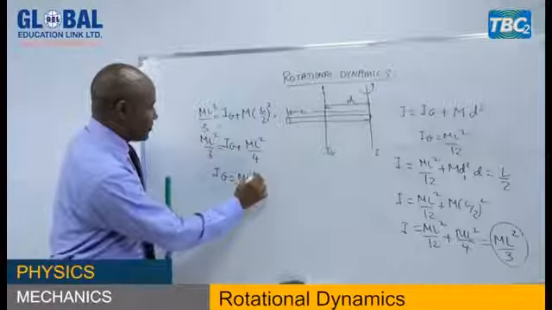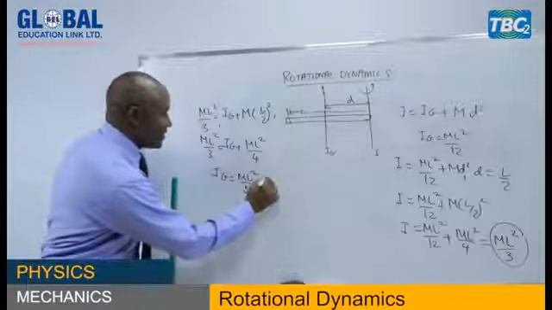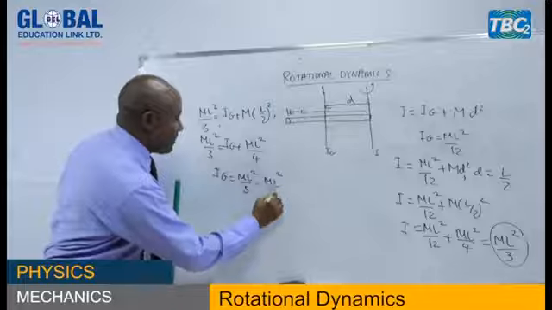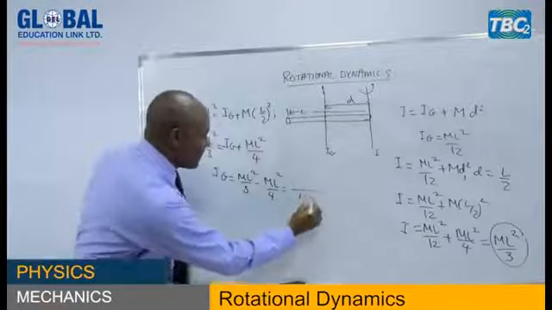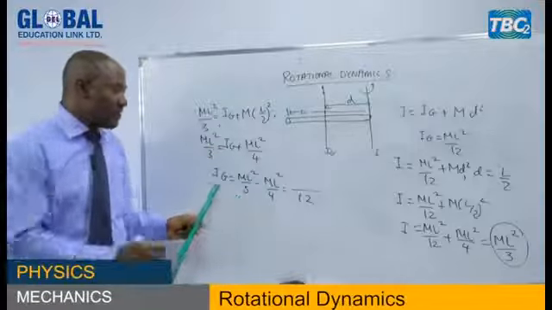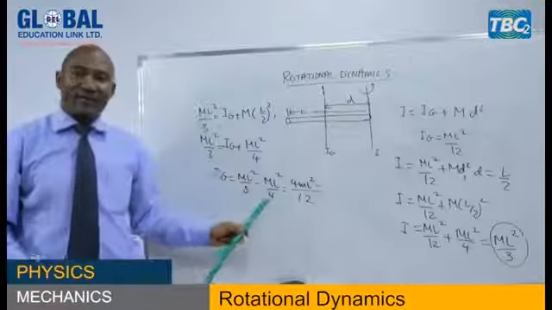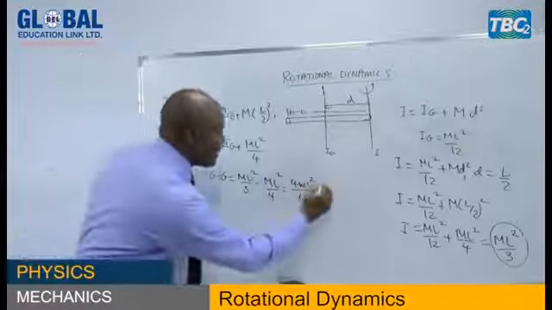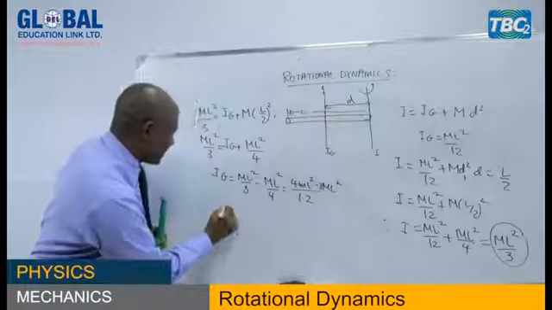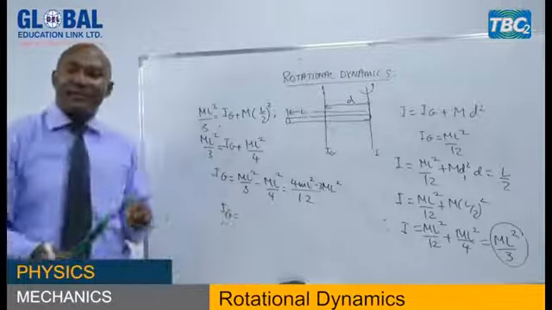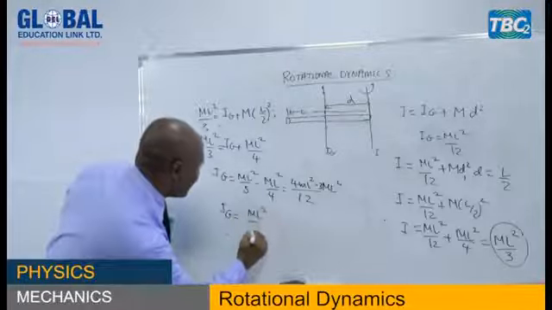It's ml squared over 3 minus ml squared over 4. The LCM between the two numbers is 12. 12 divided by 3 is 4, and 12 divided by 4 is 3, giving 4 ml squared minus 3 ml squared. And you can see you're getting the same answer. Wonderful. ml squared over 12.